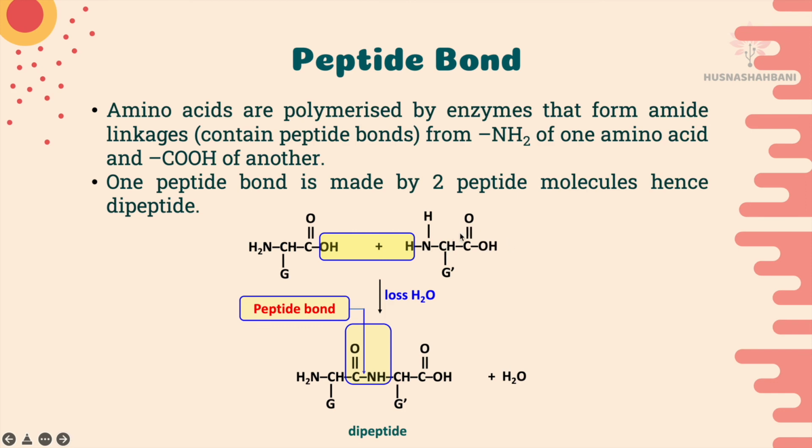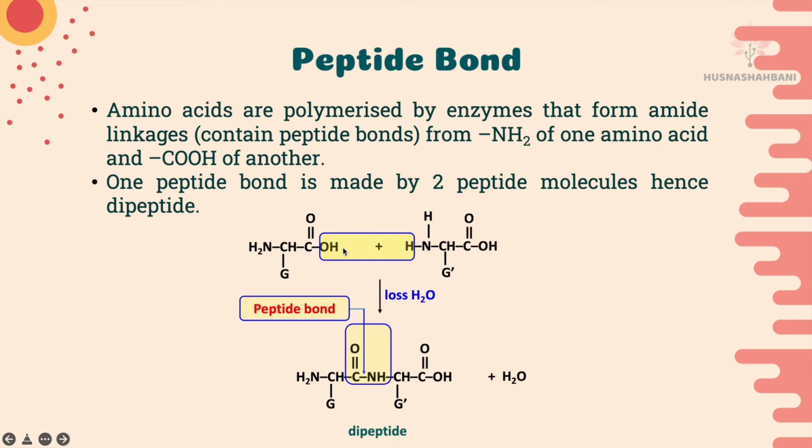In order to form a peptide bond, in one amino acid molecule, focus on the carboxylic acid part. Remove the OH on the carboxylic acid part, and in the other amino acid, focus on the amino part and remove the hydrogen.